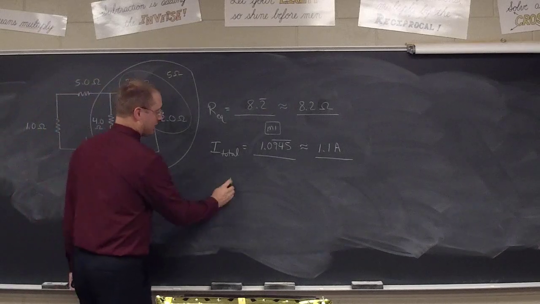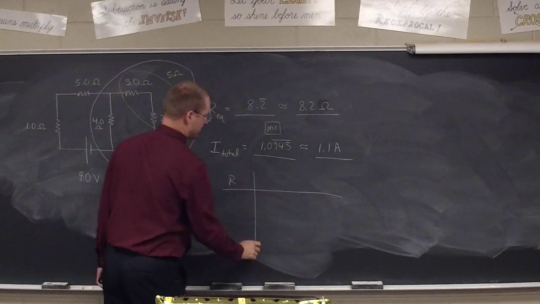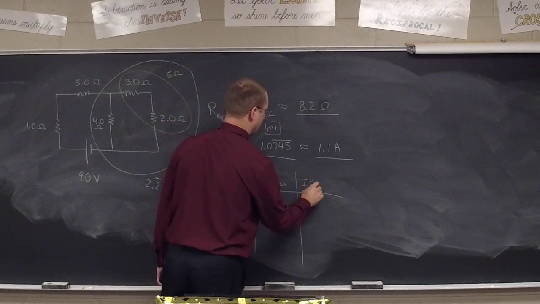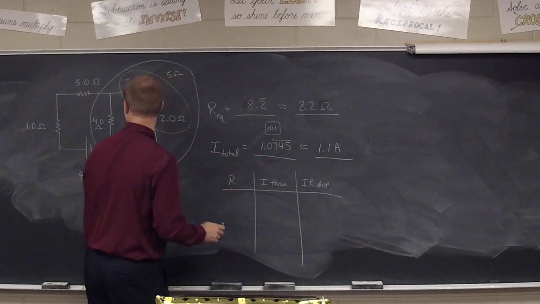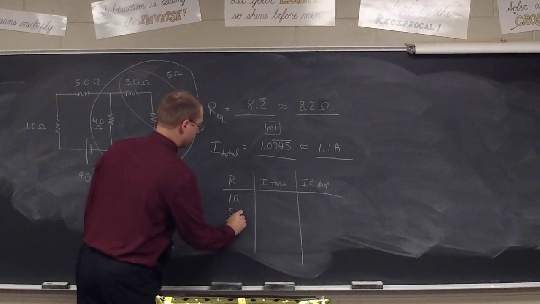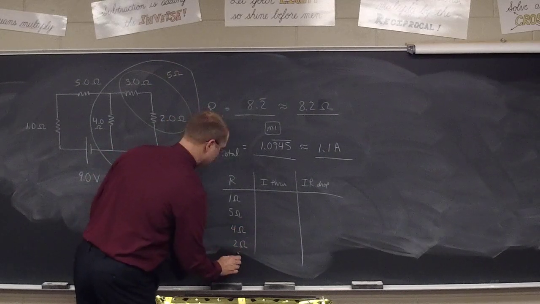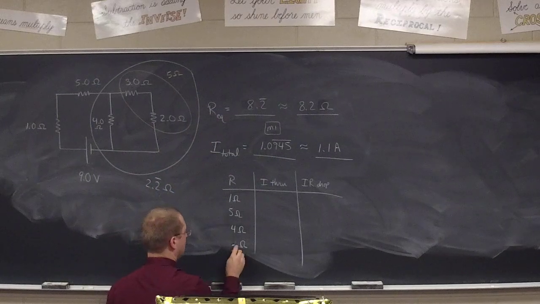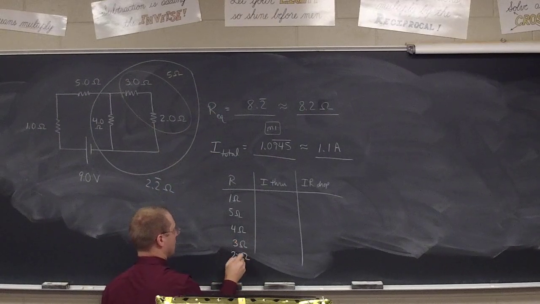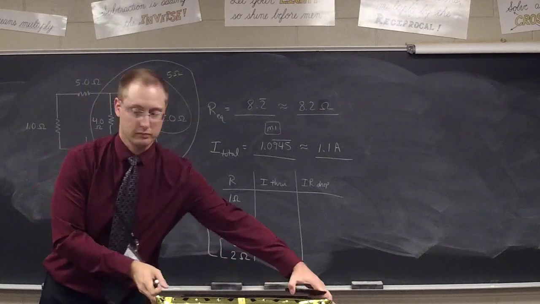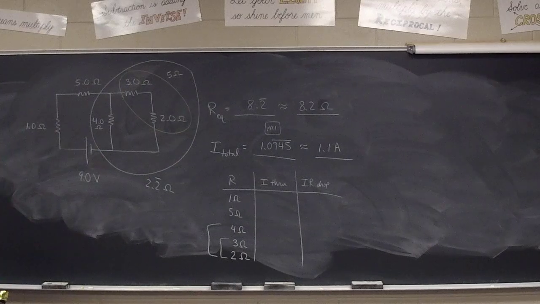Now let's set up the chart. Again, you're going to list out resistances, current passing through each resistor, and the IR drop at each resistor. Two of these rows are very easy to fill in.